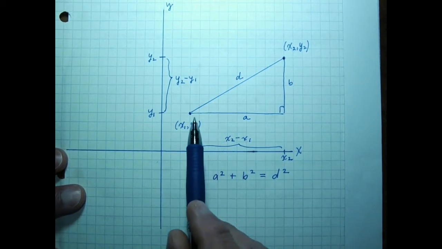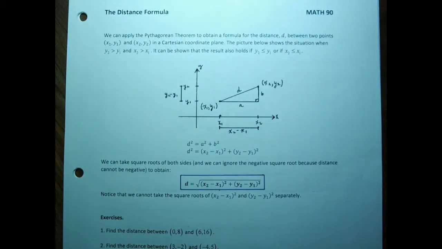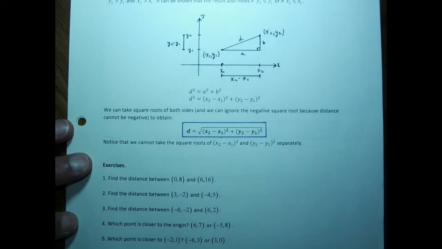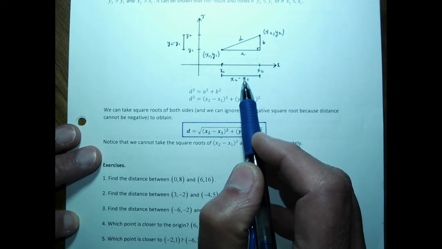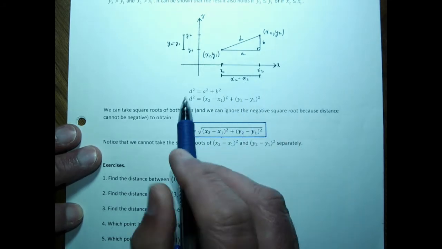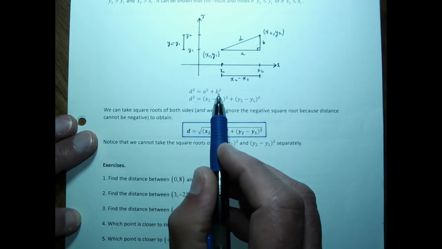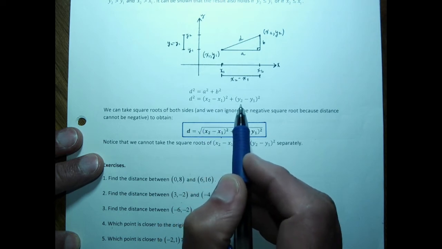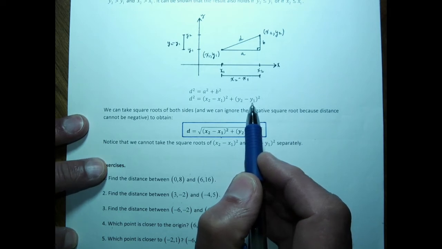Now this picture depends on the points lining up in a certain way. The formula that we obtain in general works no matter how the points are lined up. So let's go over to the handout now, and I basically have most of what we were just looking at here, and I'm just summing things up. So d squared is equal to a squared plus b squared, but a can be replaced with x2 minus x1, or b with y2 minus y1.